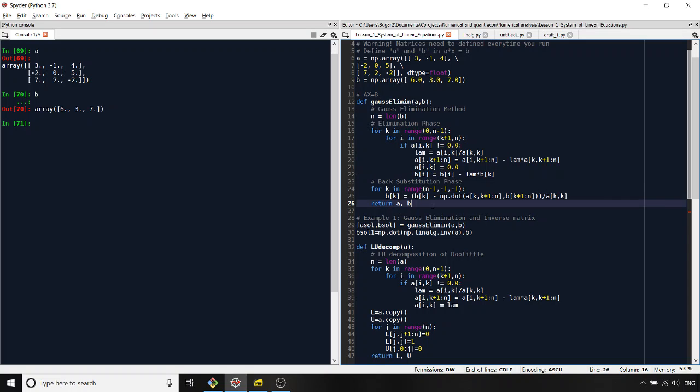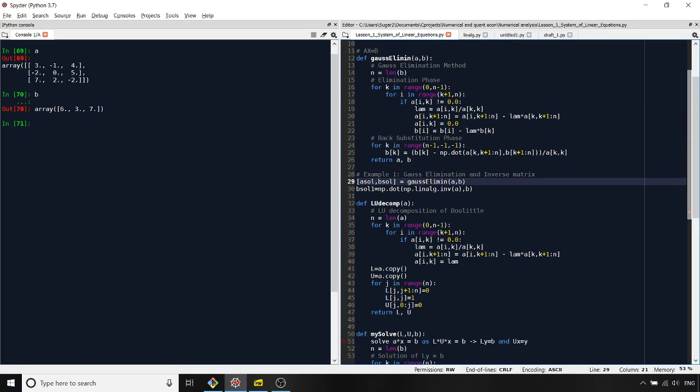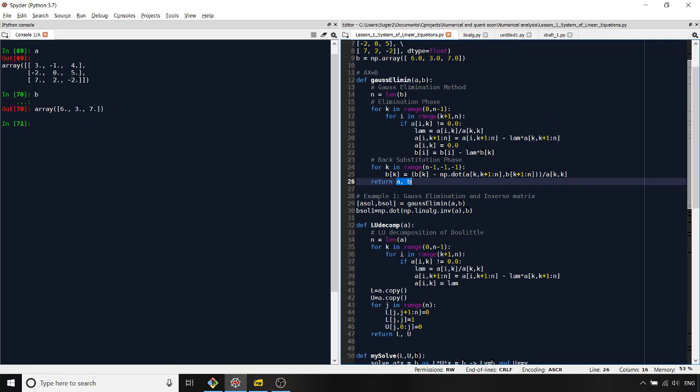And if we run our function, actually here I have an example. Gauss elim AB, then the returned value will be already A and B. As you see here, we did the back substitution pass, so B will be already the solution.